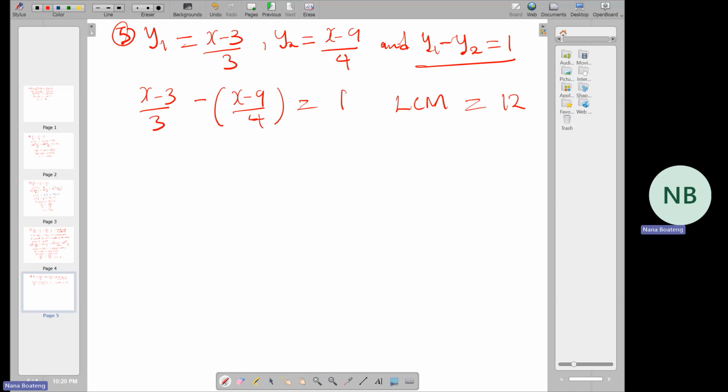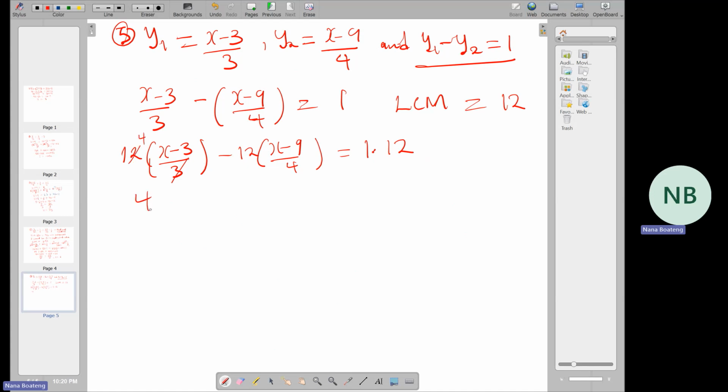All right, so we multiply through by 12, so 12 times x minus 3 divided by 3, minus 12 times x minus 9 divided by 4, is equal to 1 times 12. So 3 divides 12 4 times.